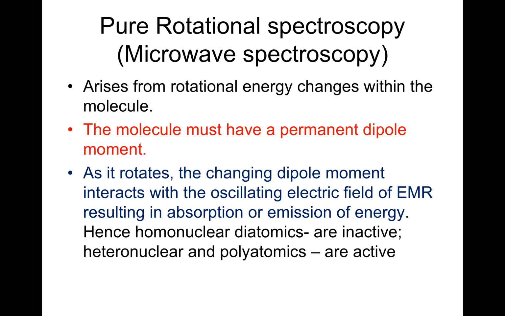As it rotates, the changing dipole moment interacts with the oscillating electric field of the electromagnetic radiation, resulting in absorption or emission of energy. Consequently, homonuclear diatomics are inactive. Heteronuclear and polyatomic molecules are active.